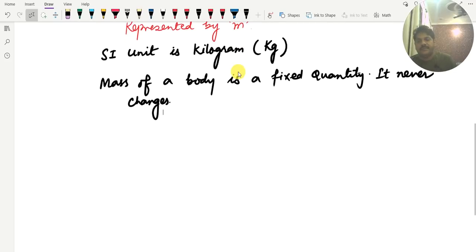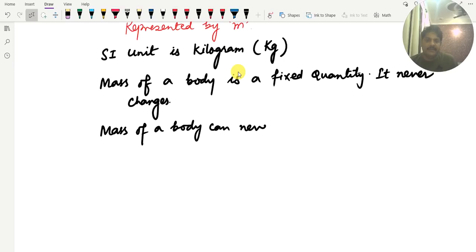So the next point we can write is, mass of a body can never be zero. Mass is a finite quantity, it has got some value. So mass is never equal to zero.